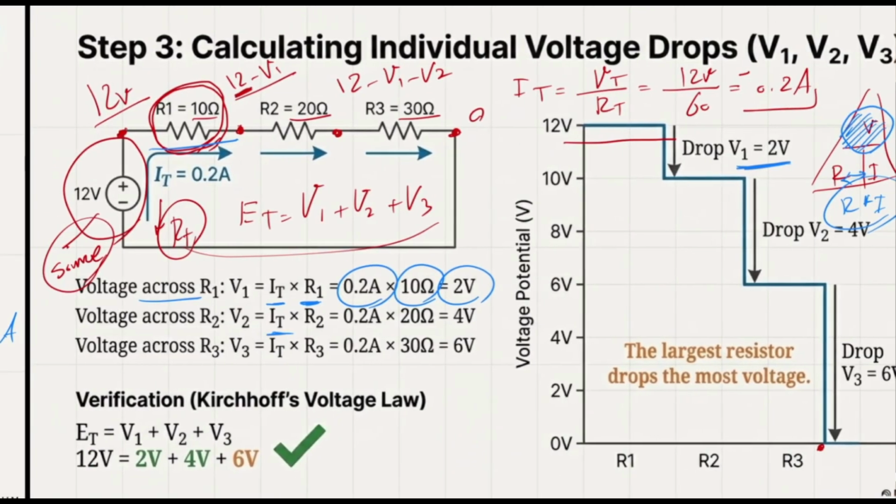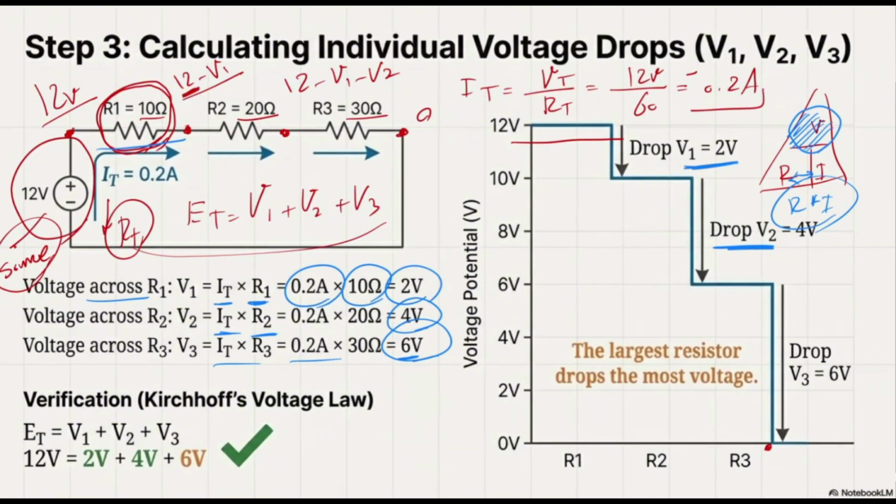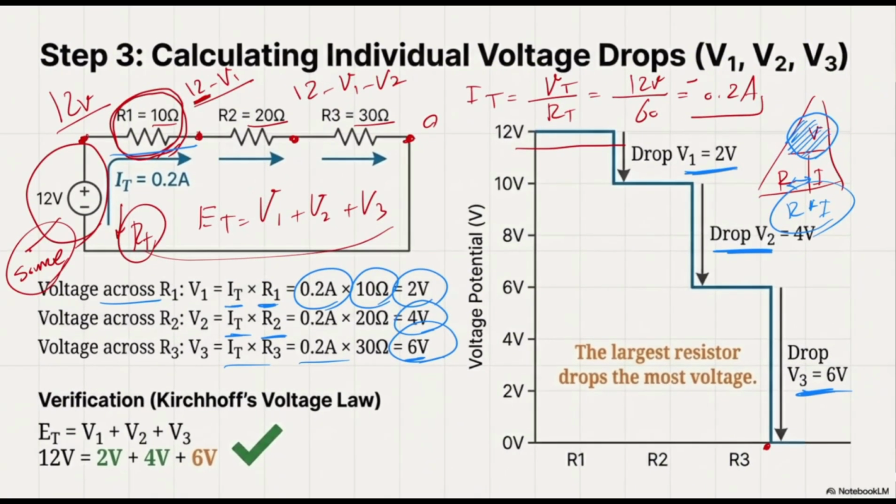Let's find the second one. IT is still the same, times R2, 4 volts. We have 4 volts over here. Then we do have all of this calculation, 6 volts. Now we learn two things. The summation of the voltages of all of the components is going to be the same as your voltage source, 12 volts. And also you can see that by increasing the number of resistors, I do have more and more voltage drop.